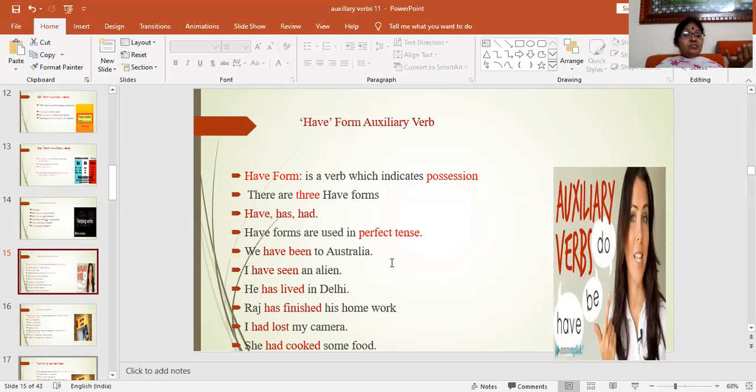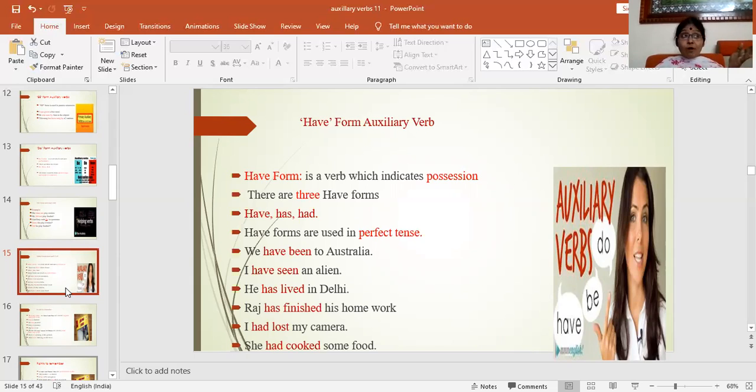I had lost my camera. She had cooked some food, right? So in this way, we can use our tenses, right? Have forms we use in present perfect tense as well as past perfect tense, right?